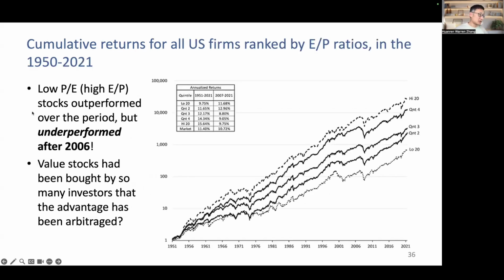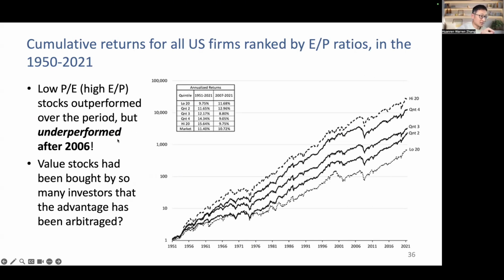So here is a demonstration of the cumulative returns for all US firms ranked by the PE ratio. Actually, I use the flip of the PE ratio, the EP ratio. The higher the ratio, the more underpriced the corresponding stock is. This is from the year 1950 to 2021. If you look at the annual returns of different portfolios, low PE ratio or high EP ratio stocks outperform over the period.